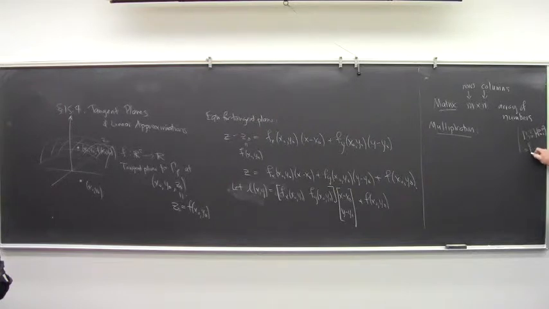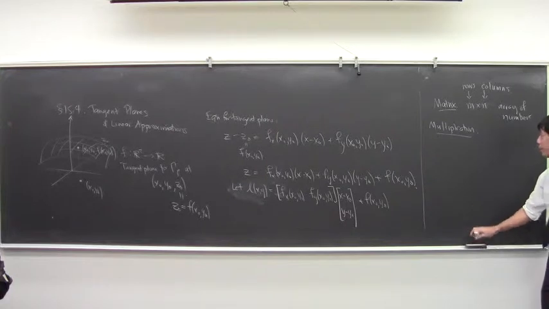You create a matrix, again of the same size, by adding entry-wise. So matrix addition is done entry-wise, and only with matrices of the same size. You can't add matrices of different sizes. We don't allow it. But we're not going to need matrix addition anyway.